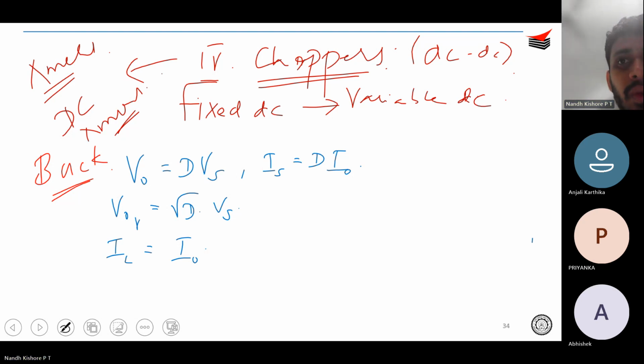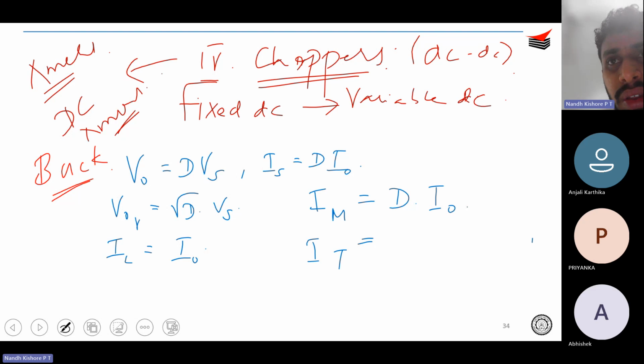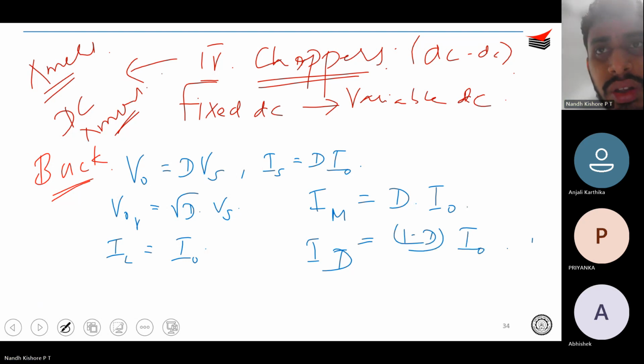And what is the current through the active switch, or the current through the MOSFET, right? The average current through the MOSFET will be D times I naught, and the average current through the diode is going to be 1 minus D times I naught. Correct? Okay.